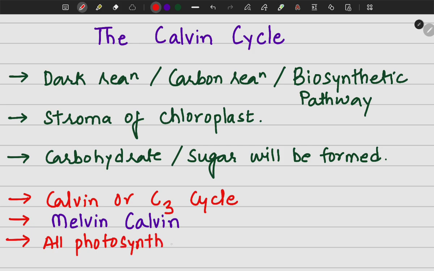Whatever the type of plant which is green and is carrying out photosynthesis, all of the photosynthesizing plants will have the Kelvin or the C3 cycle, irrespective of whether the C4 cycle is present inside them or not. What the C4 cycle is, we will study in the next lecture.